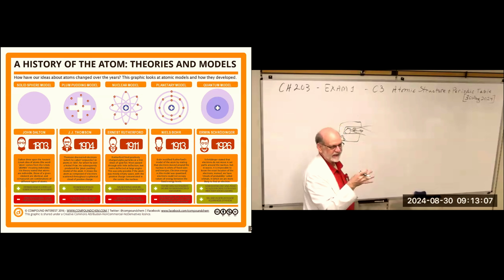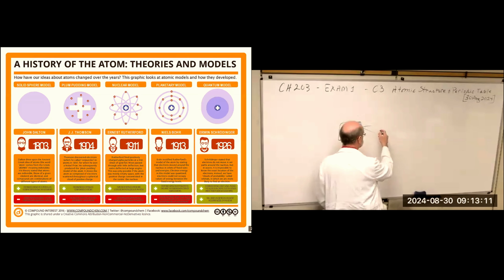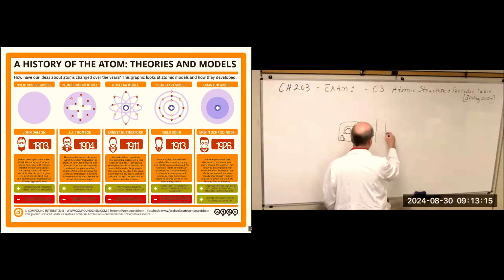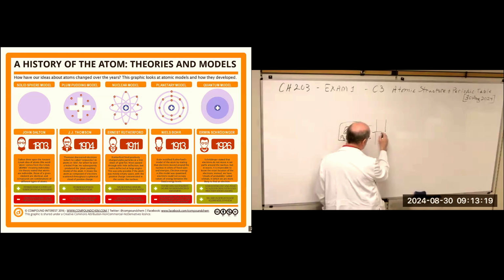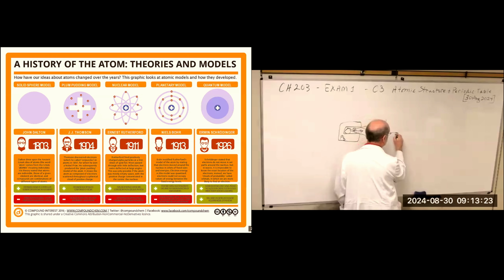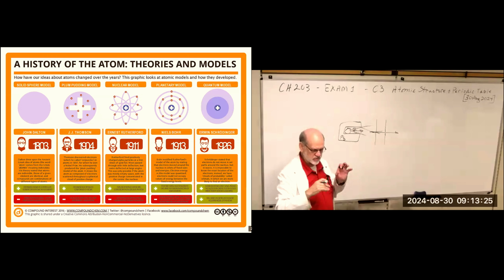So he needed a straight beam. So he used what's called a collimator. It's simply just two slits aligned like this. You could get some coming through like this and like that, but only the ones that went straight through would get through both of them. And so now he has a straight beam of alpha particles.